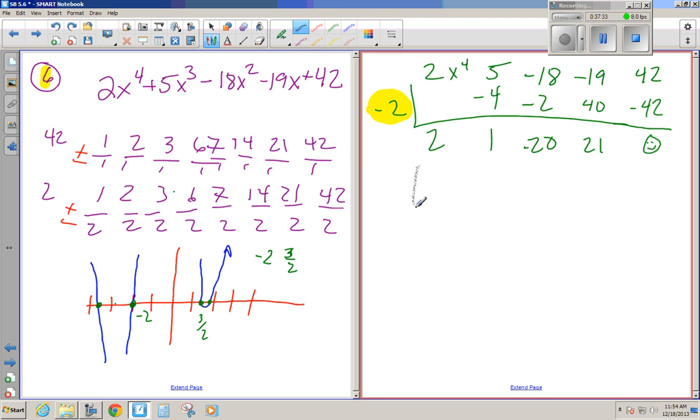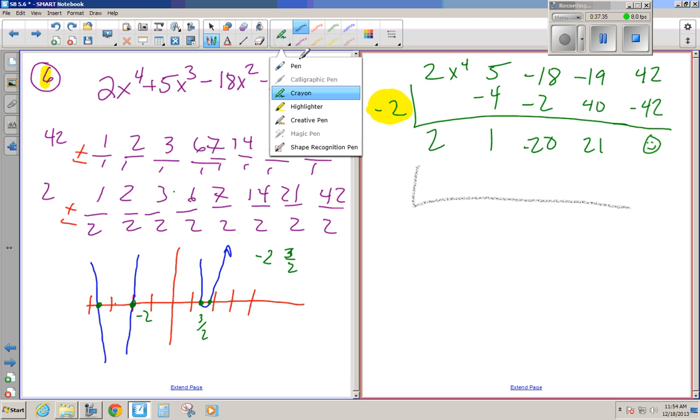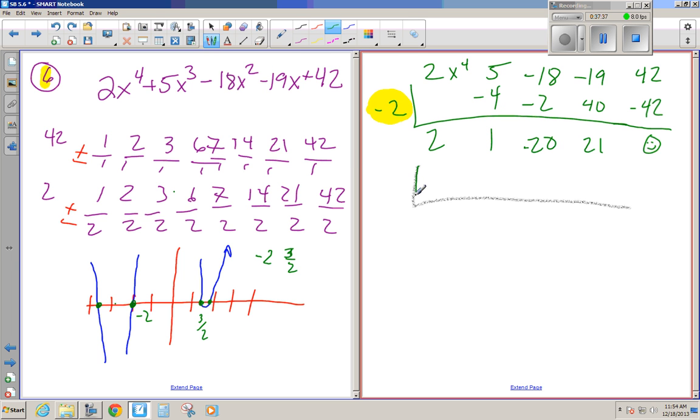So let's continue. Let's try the next one, 3/2. So bring down the 2. That's 3. Add. That's 6. Add.